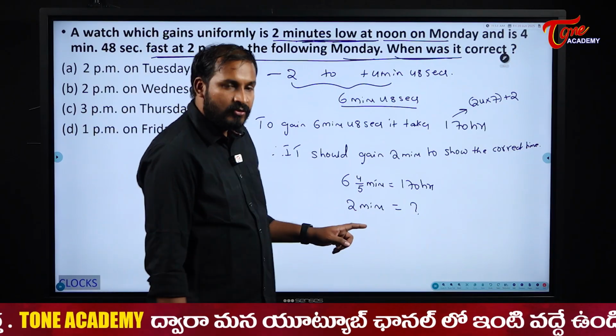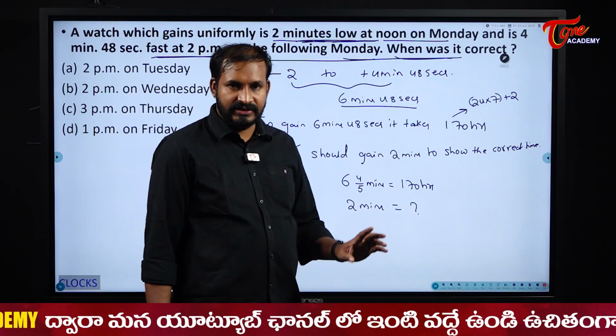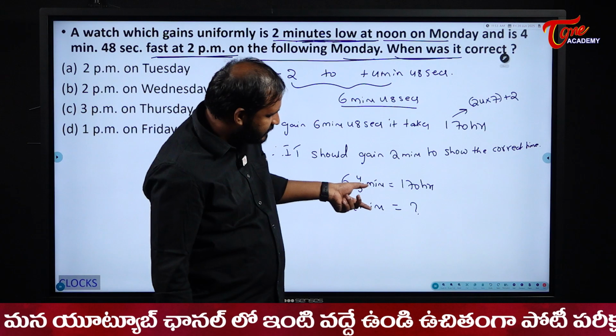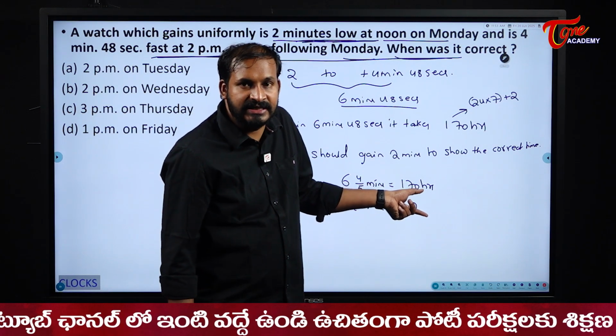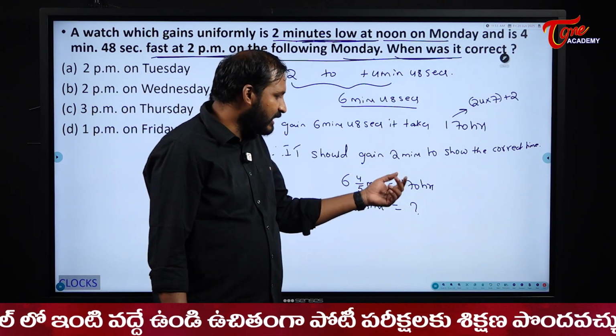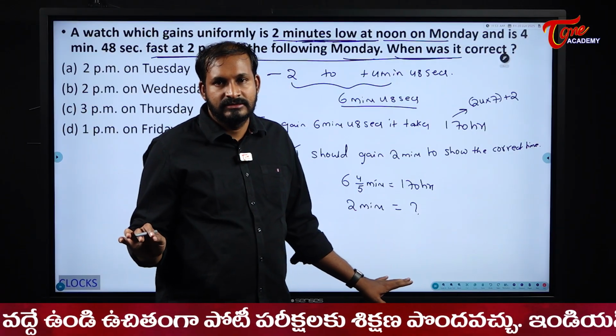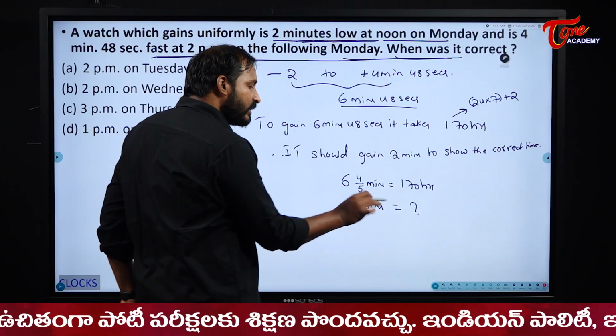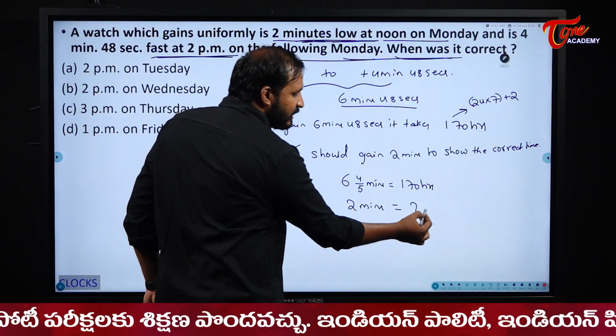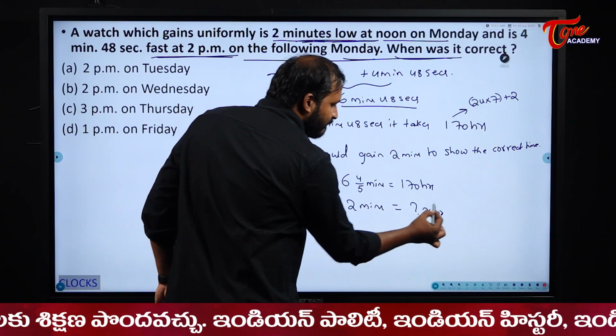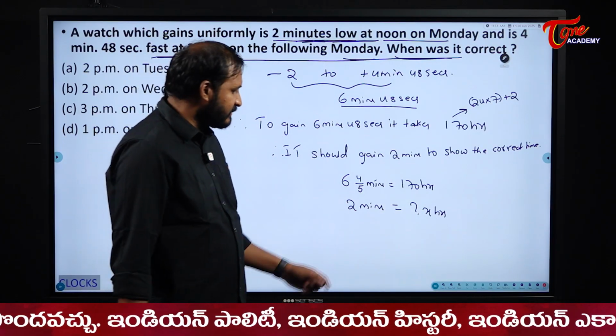See here students, no need to convert these minutes or these hours into minutes. These two should be in the same units, that is enough. If you have any confusion, convert everything into minutes. But it is okay if these two are in minutes and these two are in hours; I will take this as x hours. There is no problem.